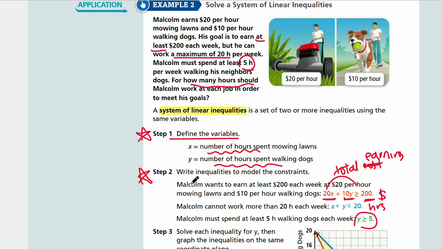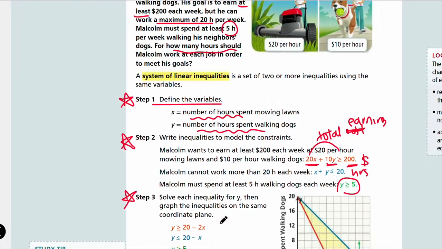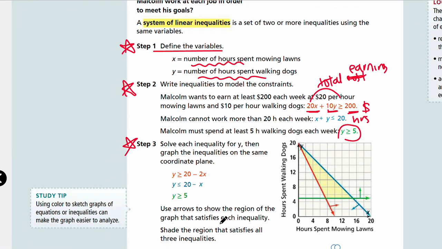And now step 3, we could solve the inequalities. For inequalities, it's best to use graphing. So we're gonna graph all these inequalities at once. The first one, Y has to be greater than or equal to 20 minus 2X. That's this red line. And so it's greater, so you color above here, right?